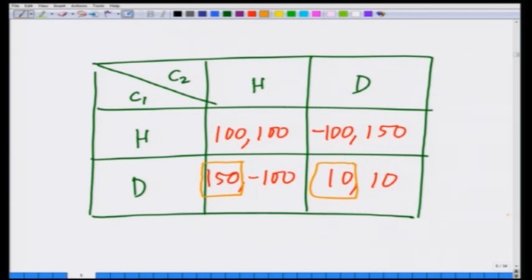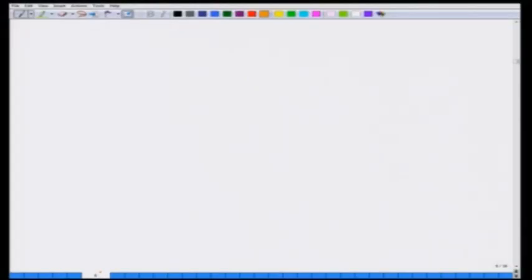Therefore, you can see that irrespective of the action chosen by C2, the best response of C1 is always to choose defense. Such an action which is always the best response, irrespective of the actions of the other players, is known as a dominant strategy. Therefore, D is a dominant strategy for C1.